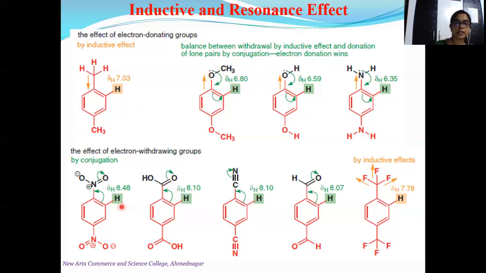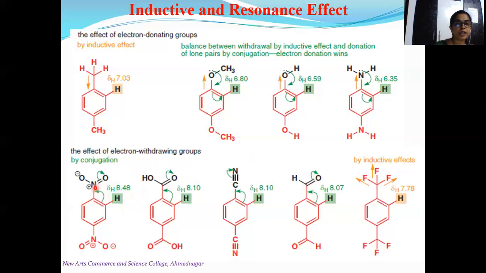Let us take these examples where the substituents are electron withdrawing substituents. Nitro group, carboxylic acid group is there, nitrile is present, aldehyde is present, and trifluoromethyl group is present.